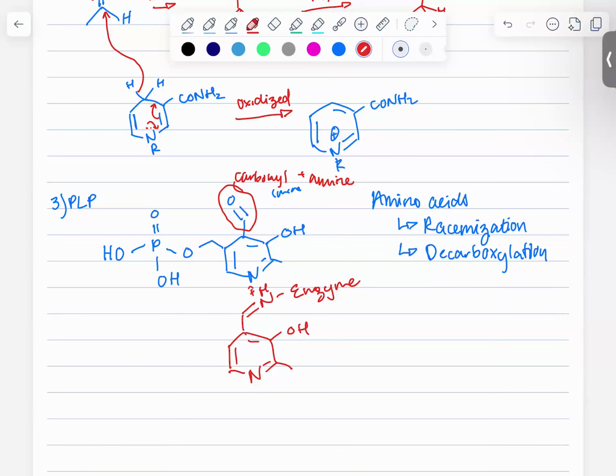Usually it'll be positively charged. Now that we have the active form of our PLP, we can do transimination because now we have an imine. And whether we're doing the racemization or the decarboxylation of an amino acid, we're going to have an amine.